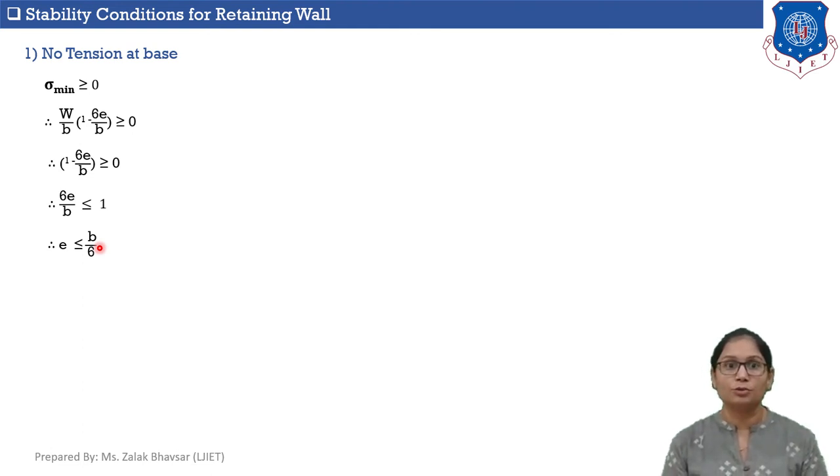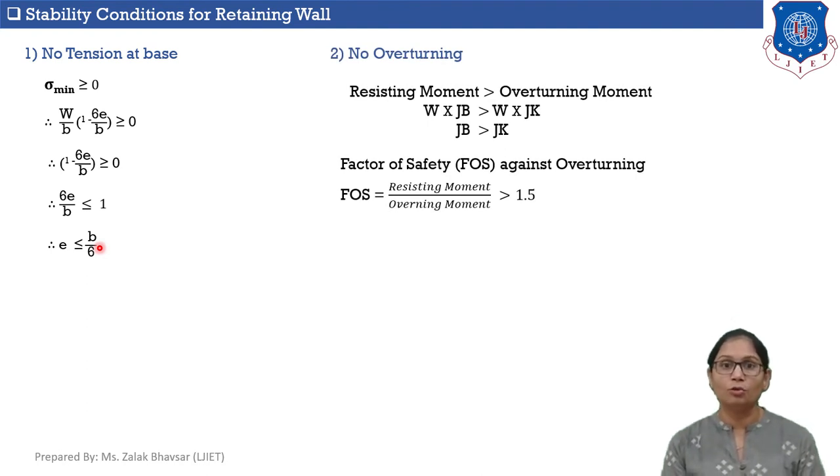Now let's move to our second stability condition, which is no overturning. The retaining wall must be safe against overturning. So for safety against overturning, resisting moment must be greater than overturning moment. Resisting moment is W into JB and overturning moment is W into JK. So we can say that JB should be greater than JK.